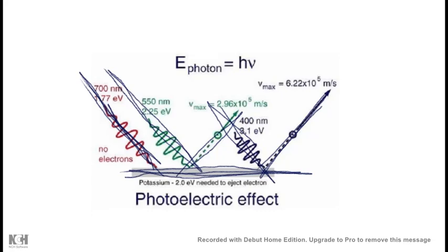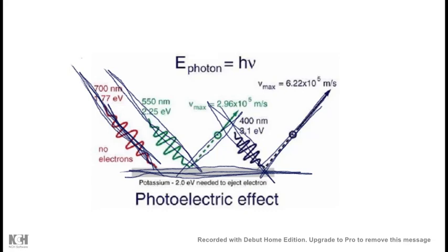Quite simply, potassium has a threshold level of 2 electron volts, and the red light is coming in at 1.77 electron volts, so it never reaches that threshold value.